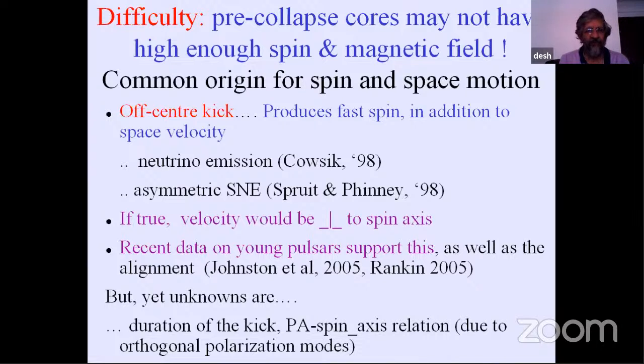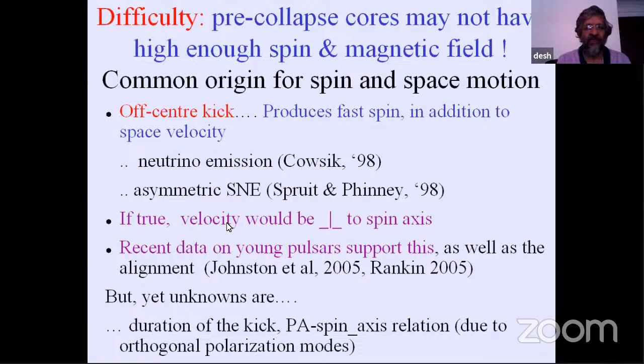And if more and more velocity measurements, proper motion measurements are done, you will know the direction of the proper motion as well. So one can check how well this hypothesis of producing fast spin and large space velocity by off-center kick is borne by the data.